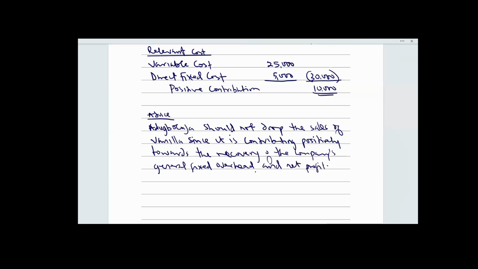Okay, so that's our advice, because the decision rule is that once the segment produces a positive contribution, then the company should not delete it. So that's that.